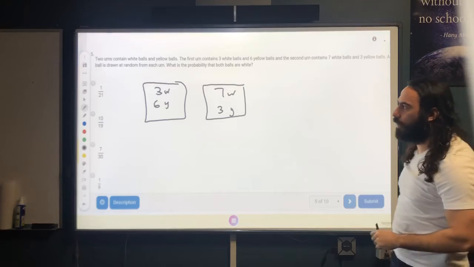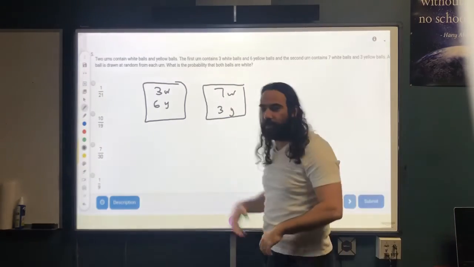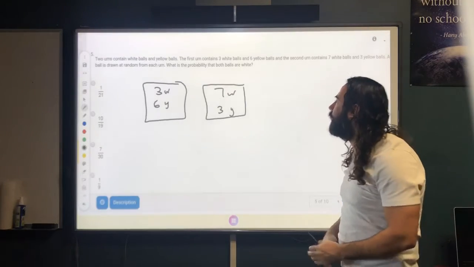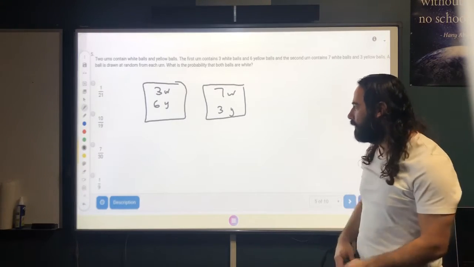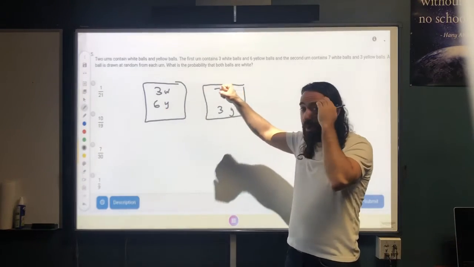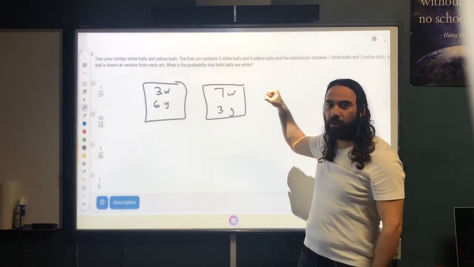A ball is drawn at random from each urn. So we're going to take a ball from each urn randomly. What is the probability that both balls are white? So what's the probability that we're going to draw from the first urn a white ball and from the second urn also a white ball?